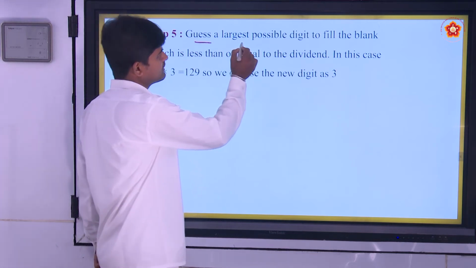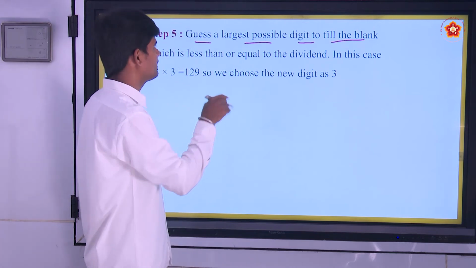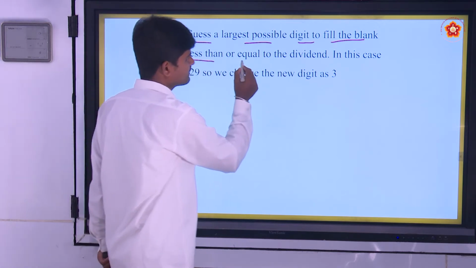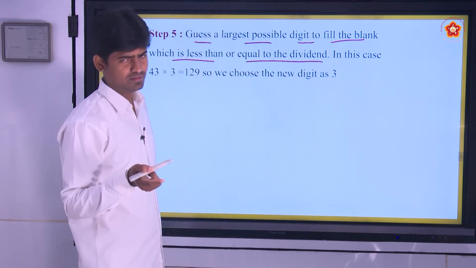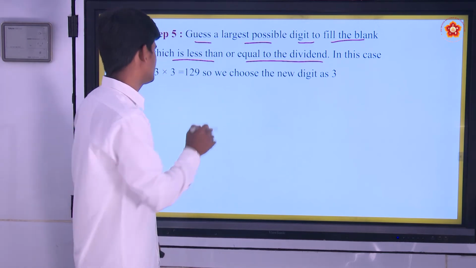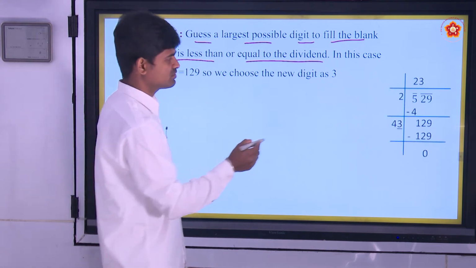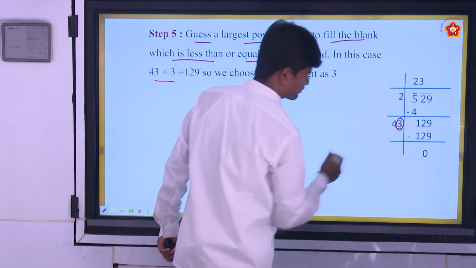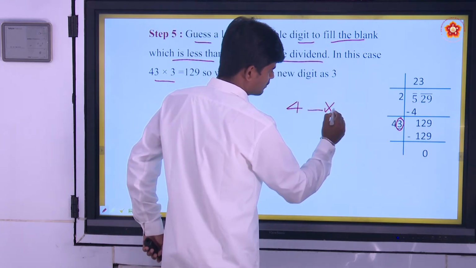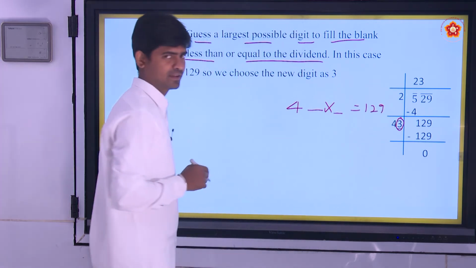In step 5, guess the largest possible digit to fill the blank. You have to fill that blank. Guess the largest possible digit to fill the blank such that the product is less than or equal to the dividend, meaning it is equal to the dividend or less than the dividend. In this case, we choose 43 into 3. How can we choose this number? 4 and a blank, so we get 129 or less than 129.